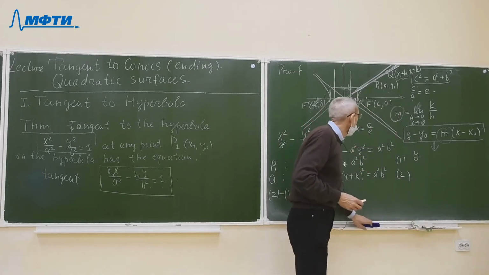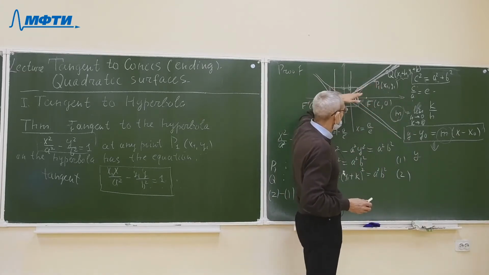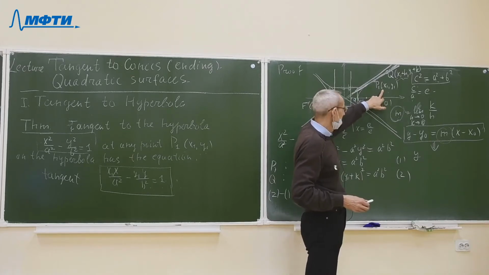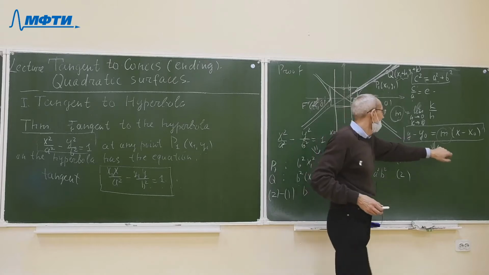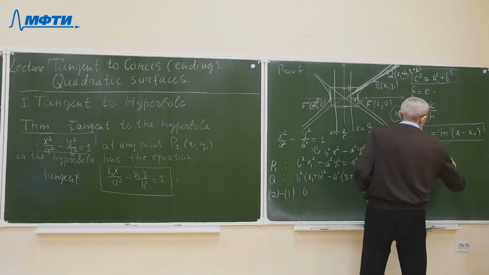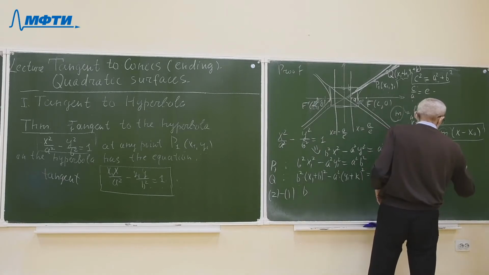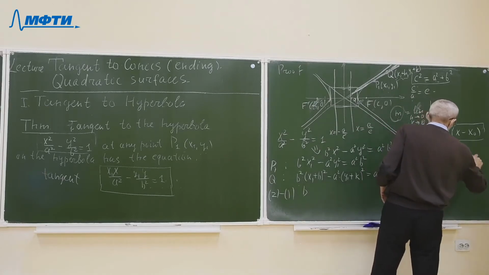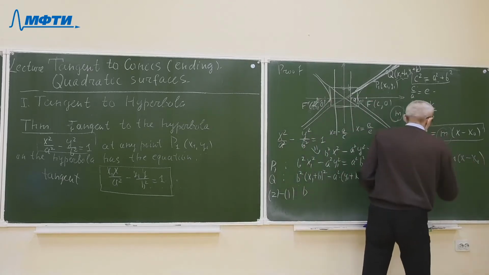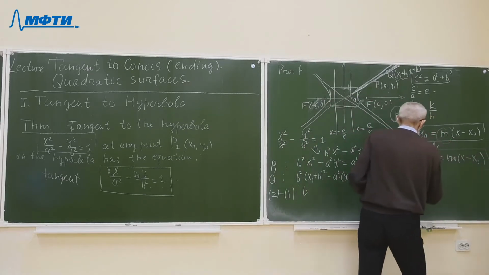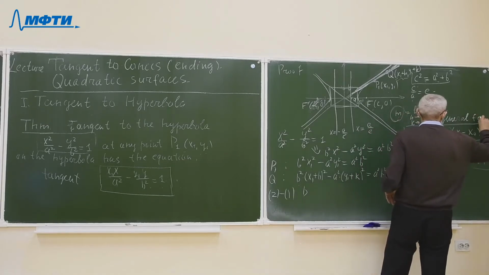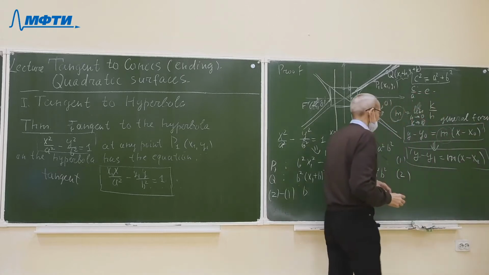In our case, the equation of the tangent which passes through point P1: we change y0, x0 to y1, x1 in the general form of the equation of the straight line.